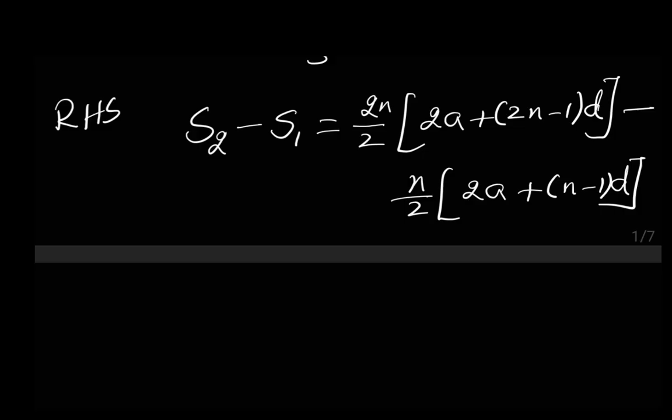Here let us collect the common terms: 2n by 2 and n by 2. Take n by 2 as common.